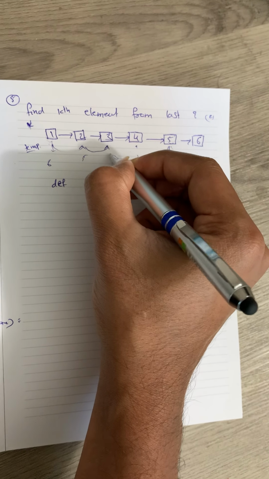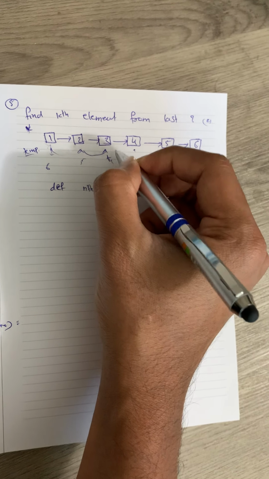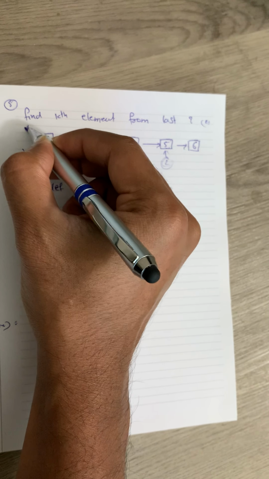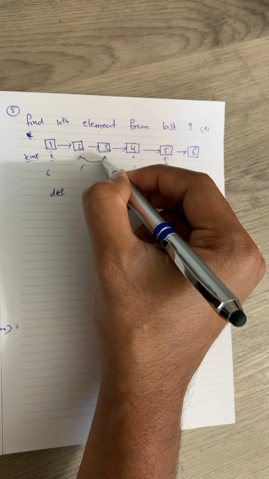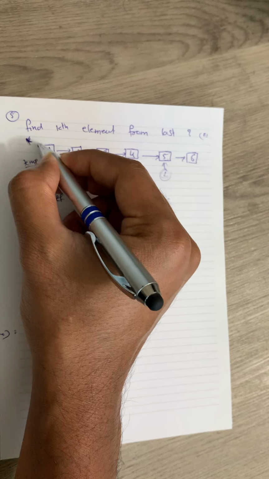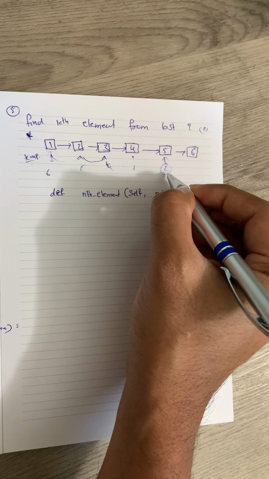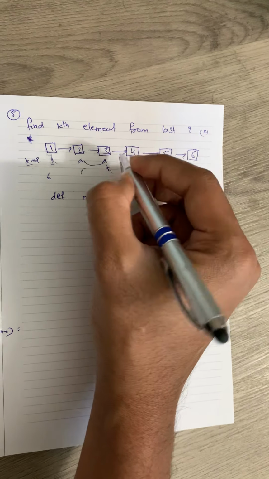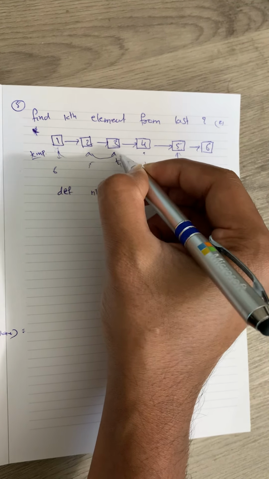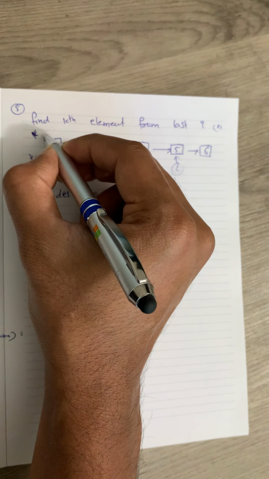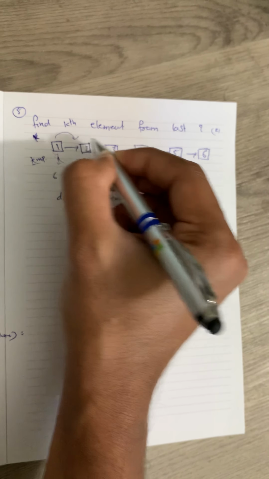So it made 2 moves. Now temp is here and k is here. I wanted to move the kth element after moving temporary by 2 elements. So we made 2 moves, so I wanted to move the kth element to 1.